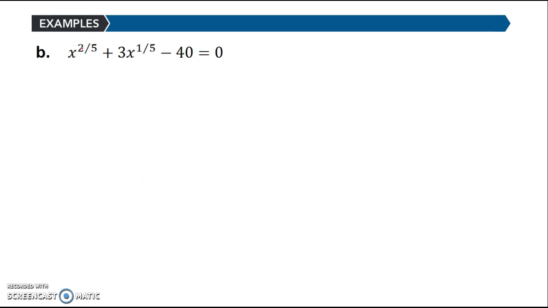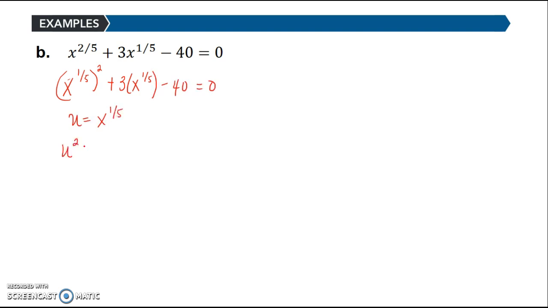Another equation, x to the 2/5 plus 3x to the 1/5 minus 40 equals 0. Notice that 2/5 is the same thing as 1/5 squared. So we're going to let u equal x to the 1/5.